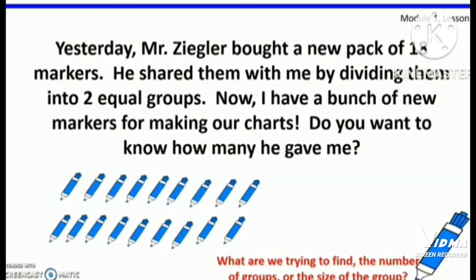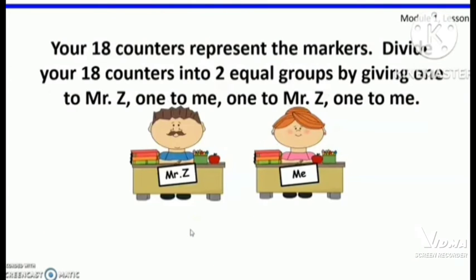So the unknown size, the size of the group, is 9. There are 9 markers in each of the 2 groups. 2 groups of 9. And what is 2 groups of 9? 18. That is the total number of markers we saw in the question.